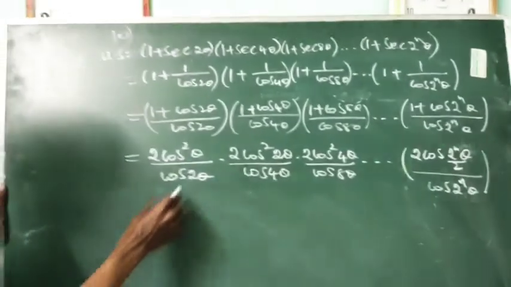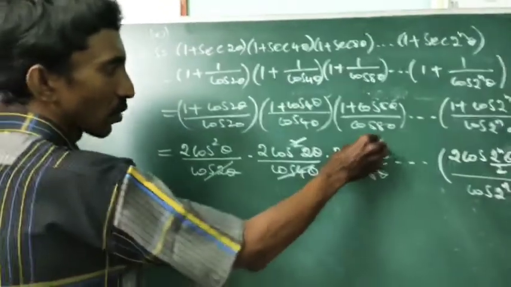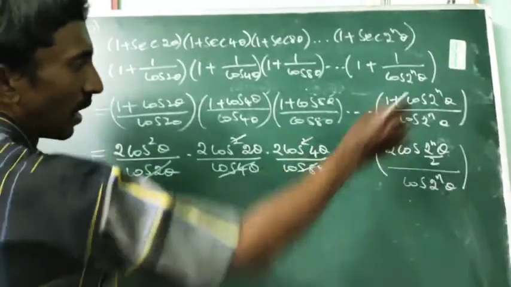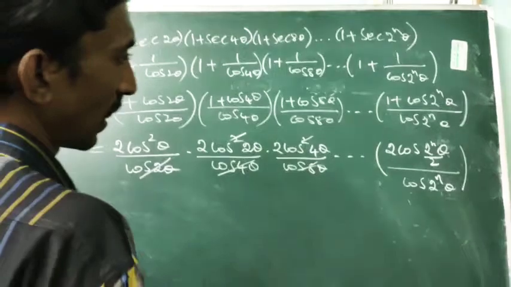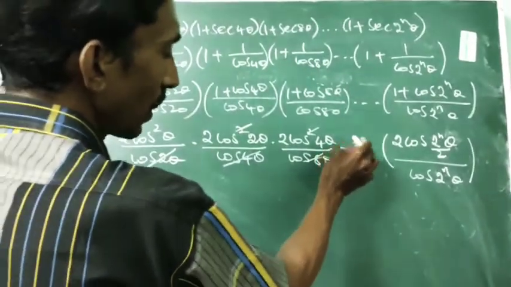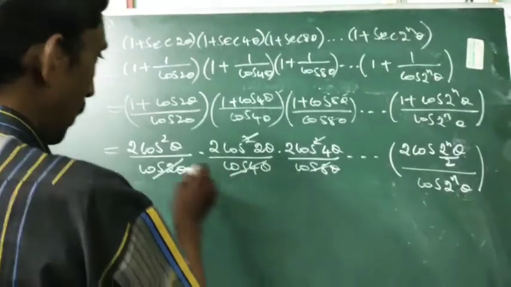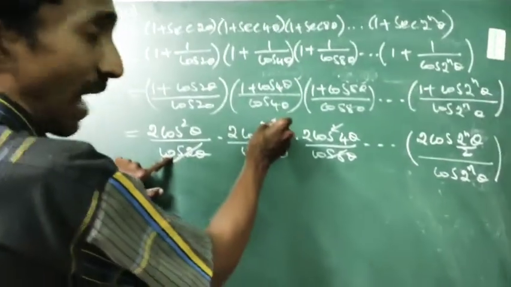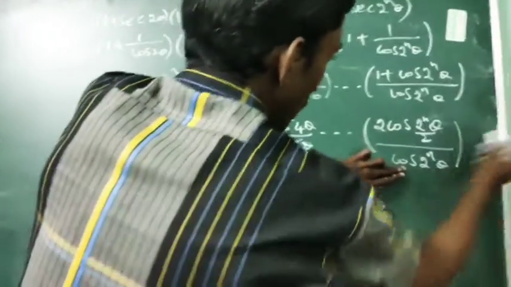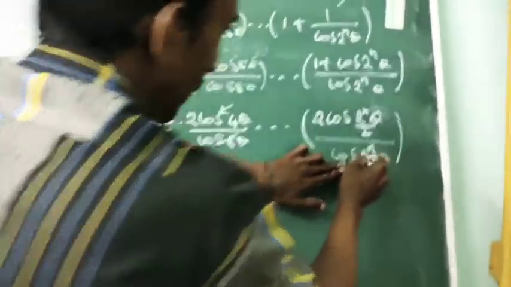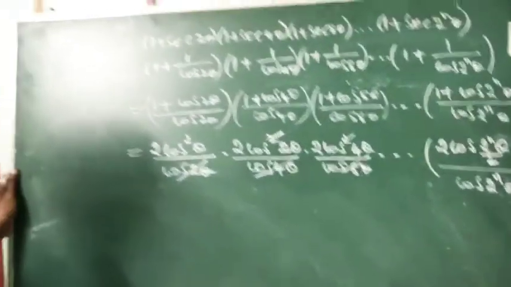Look here, cos 2 theta square cancels, cos 4 theta square cancels. Similarly, all the values cancel. Look at the remaining values. The previous term and the next value are the cancelling values. Here there is no next value, so we can't cancel this one. It remains unchanged.